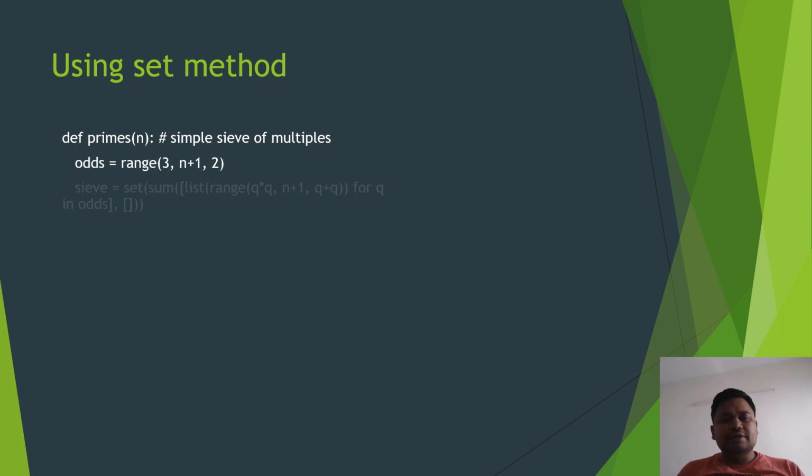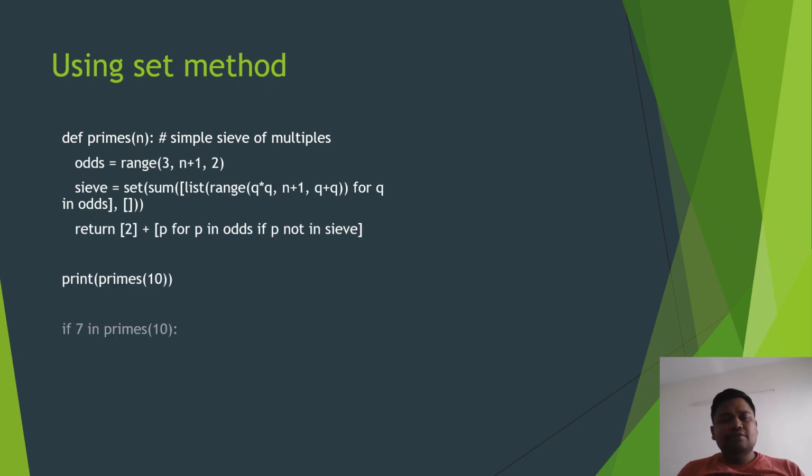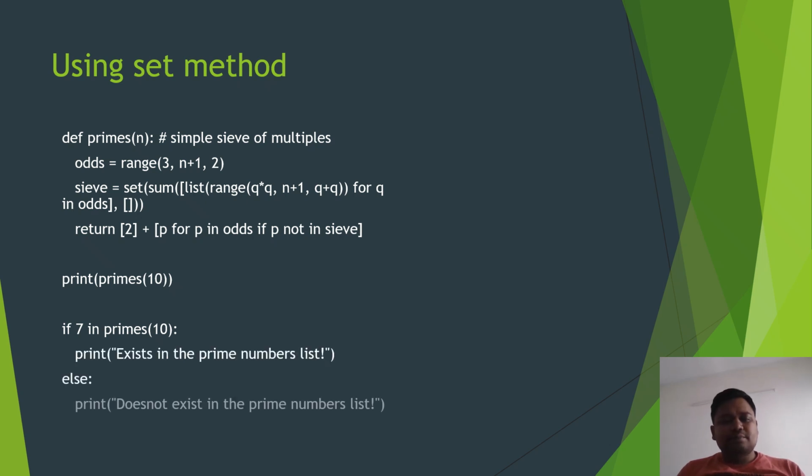So using that method, we have defined a function primes, which we call as print primes(10). So it prints a list of all the prime numbers from range 1 to 10. So sieve is equal to set of sum of list range q times q, n plus 1, q plus q, for q in odds.